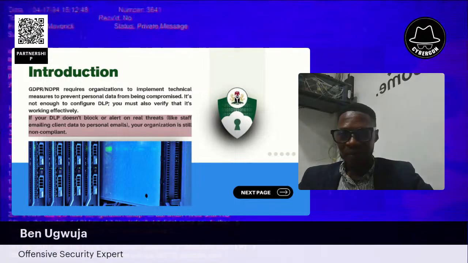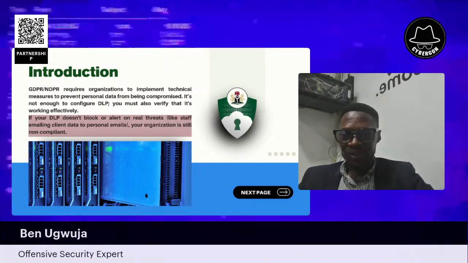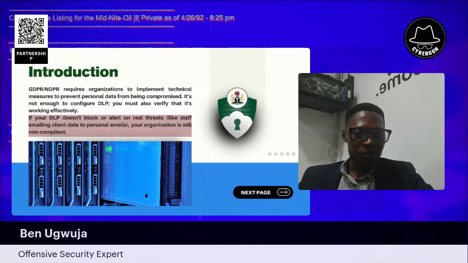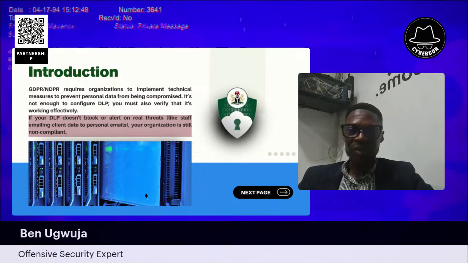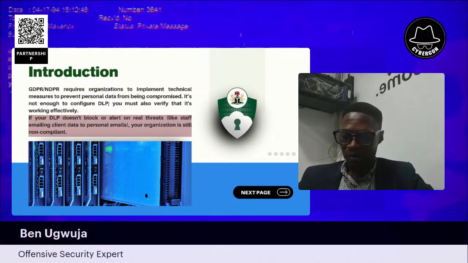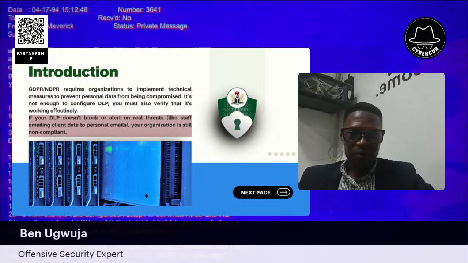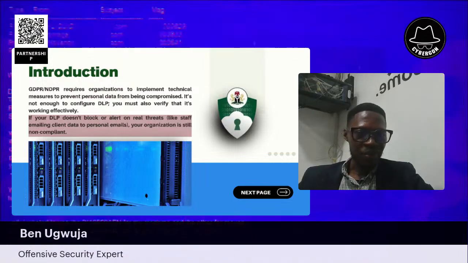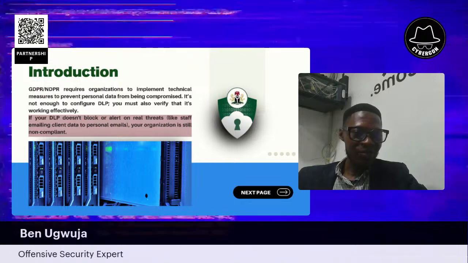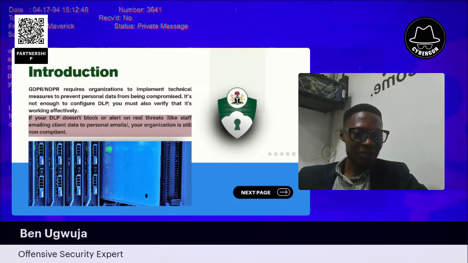If you look at what we have on our slide, we have the GDPR and the NDPR implementation of the DLP solutions. We're going to break that down so you can understand why you have to implement these solutions. Someone is asking, what do you mean by data in motion?